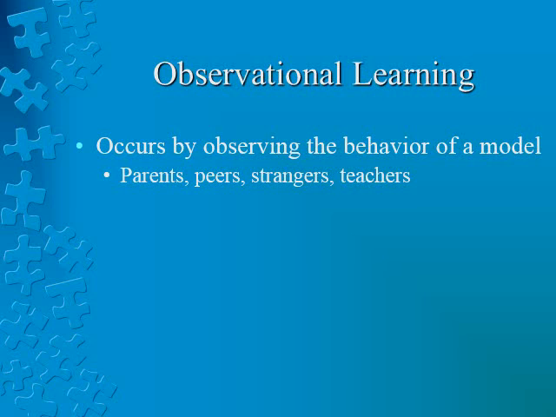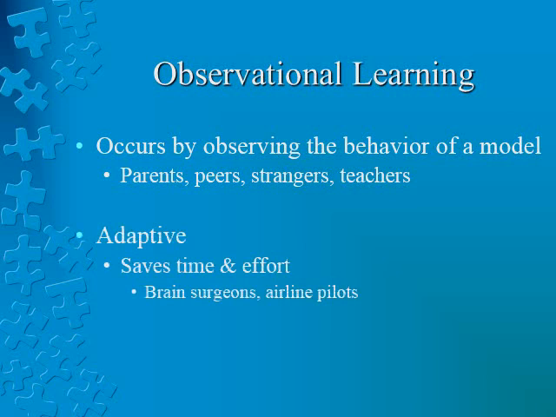We are simply learning something new by observing the behavior of some model. And a model can be a parent, a friend, a peer, a stranger, a teacher, someone on the television, pretty much any other human being or animal that you can watch and observe their behavior and their actions.